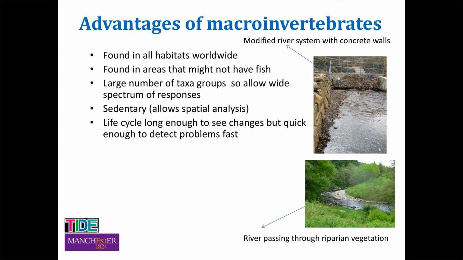The advantage of using bioindicators like this is that if you try to use chemistry methods to detect a pollution incident, for example, that pollution incident might have happened a few weeks ago or a month ago, and now the river quality in terms of that particular, say, heavy metal is now gone.